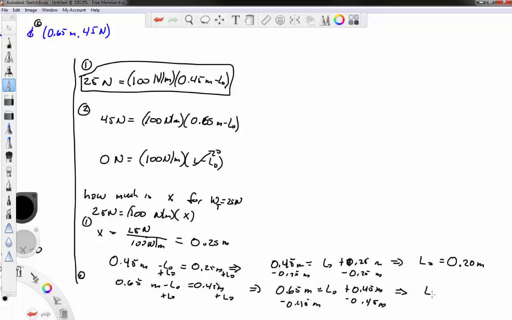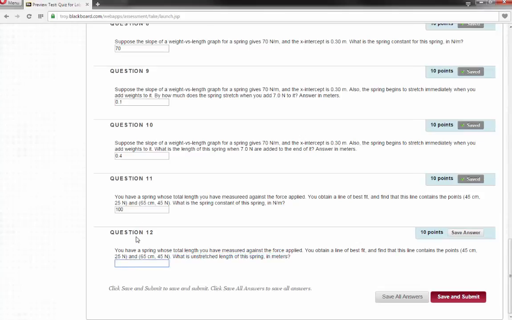This one says L naught is 0.65 minus 0.45, which again is 0.20 meters. So either way I slice it, I've got 0.20 meters. So that means I basically need to put in 0.20 here.